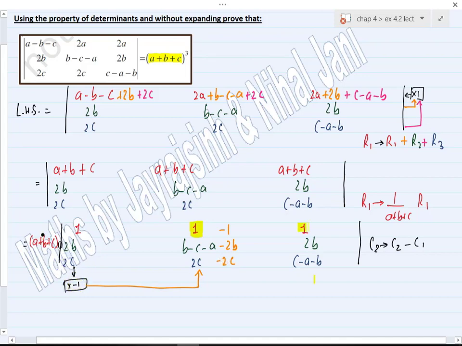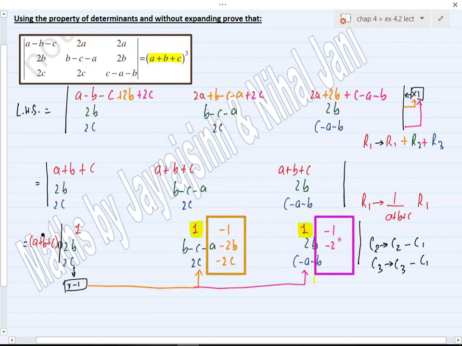Similarly, to get 0 at a31, the preferable operation is c3 gives c3 minus c1. Multiply minus 1 with the first column, add into the third column. You get the same quantities: minus 1, minus 2b and minus 2c.